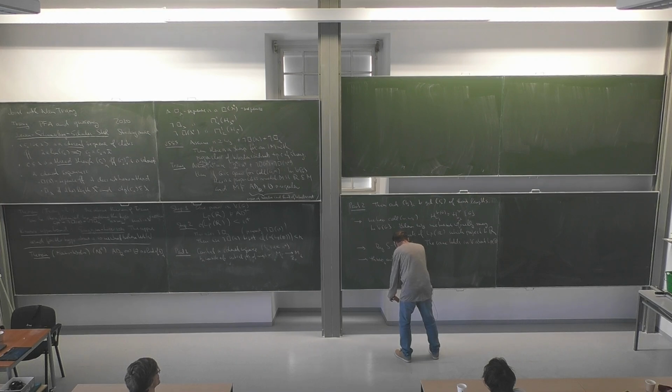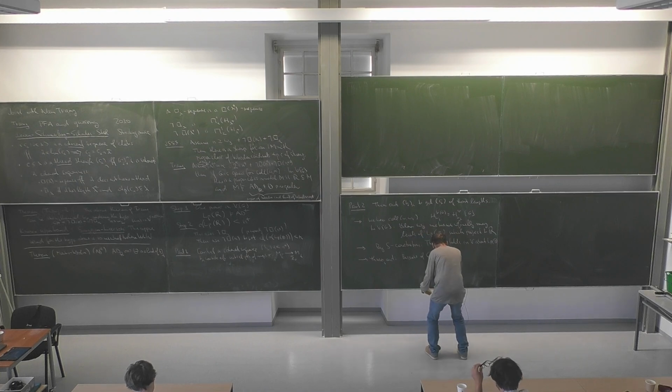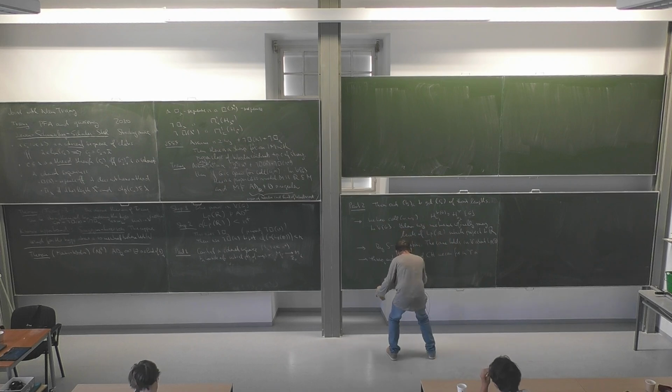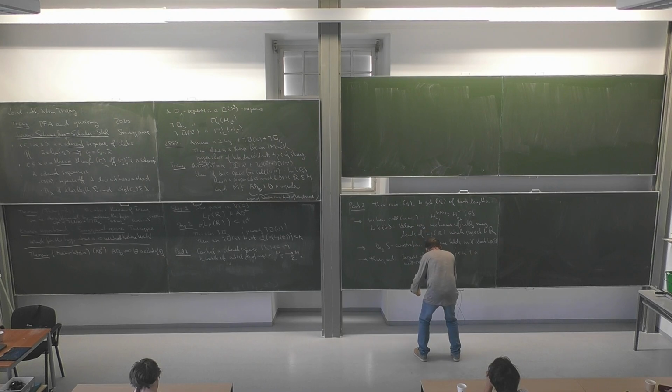So now, yeah. Because of CH, we can fix a well order in V of reals. So basically, we can enumerate them in omega 1.